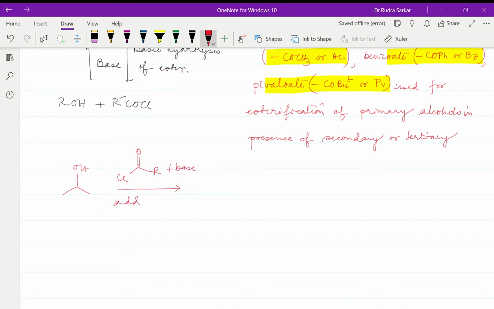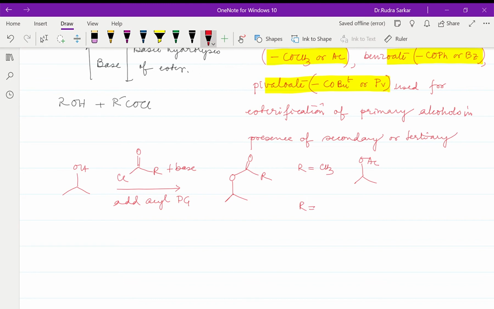So this is the acyl protecting group, which will lead to the formation of this molecule, wherein if R is CH3, then we will represent this as OAc.